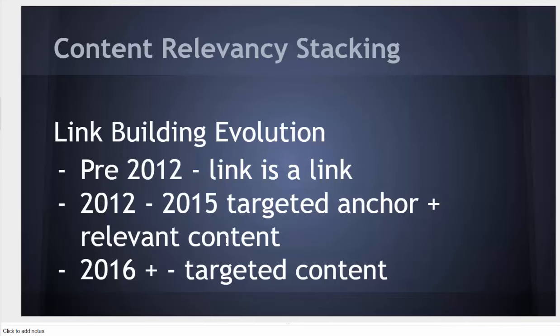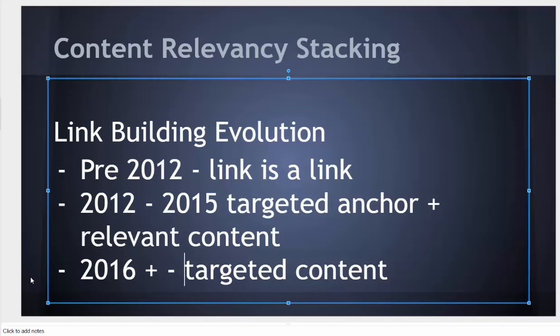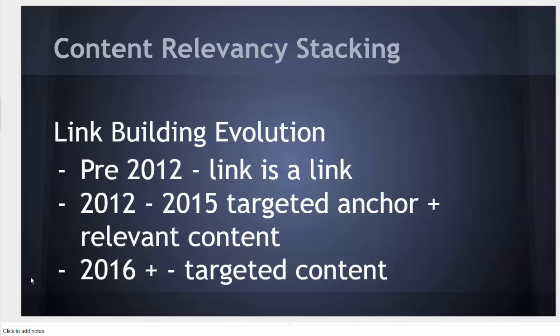So from now on, less and less anchor text is relevant, and you will be ranking based on the specifically targeted content again, so spun articles are not going to work.